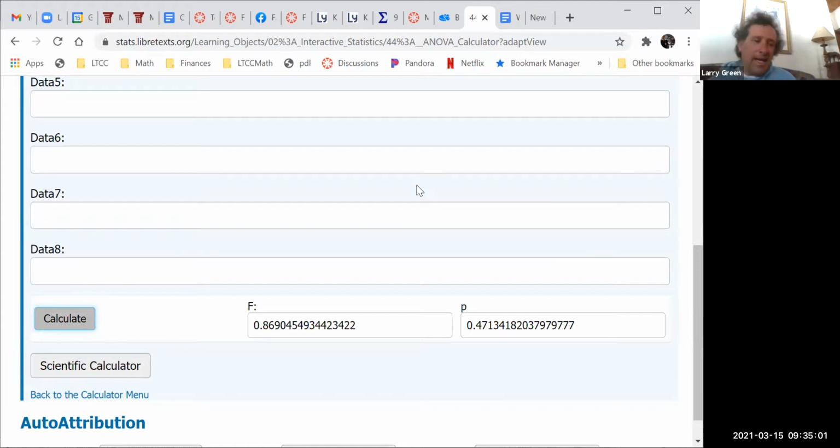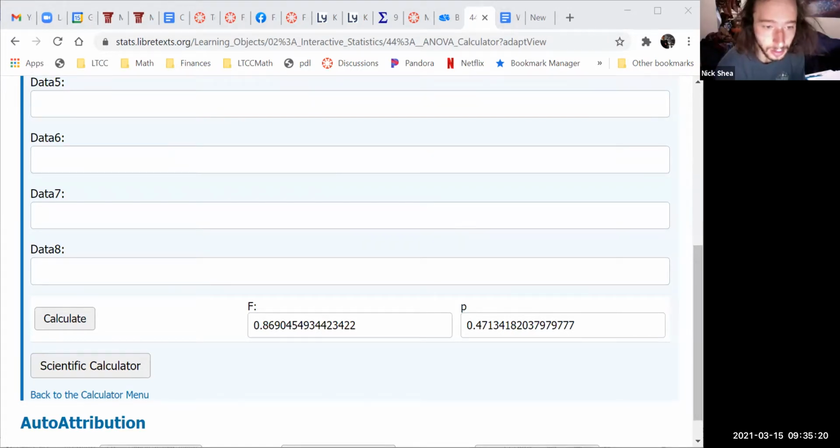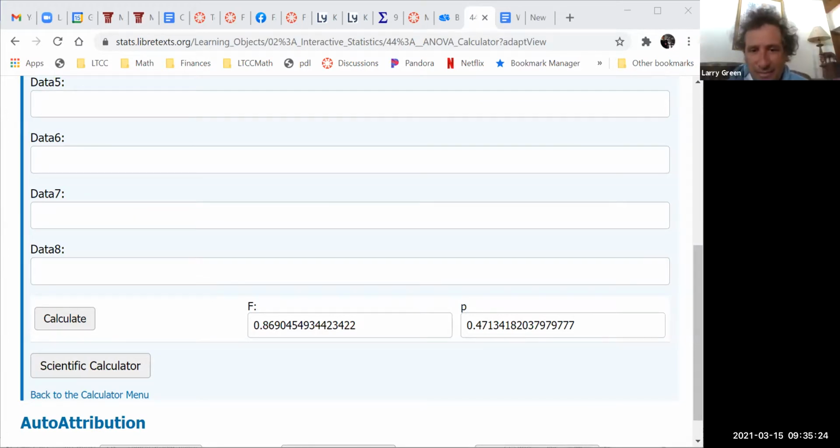And you'll notice it has a letter F. And hopefully, since it hasn't been that long already, what is F? F is the two words, a test statistic. Yeah, F is a test statistic.